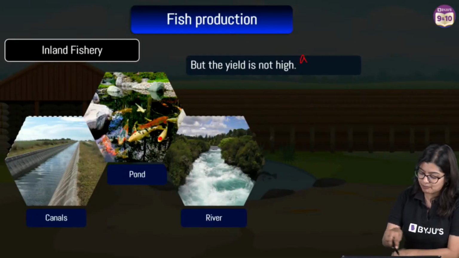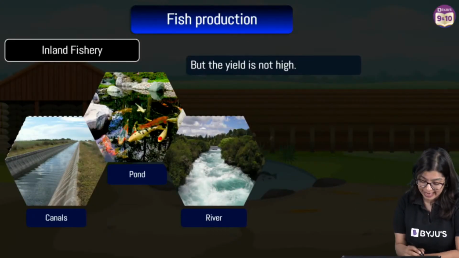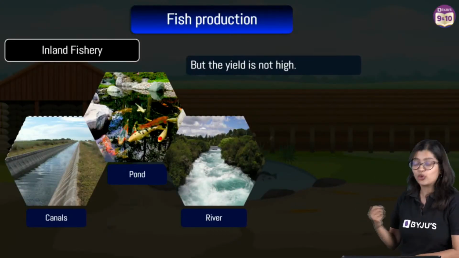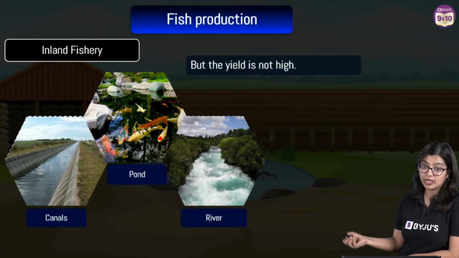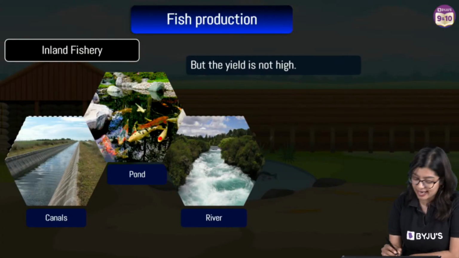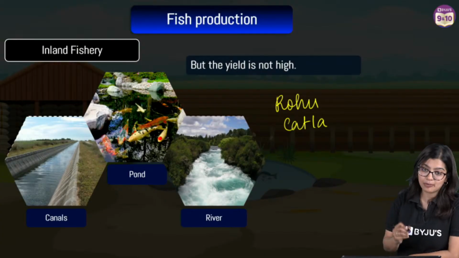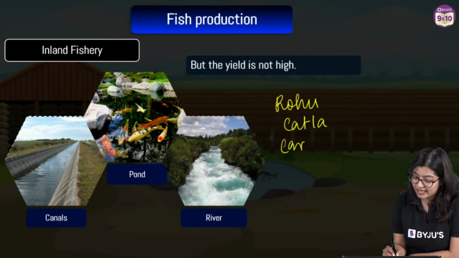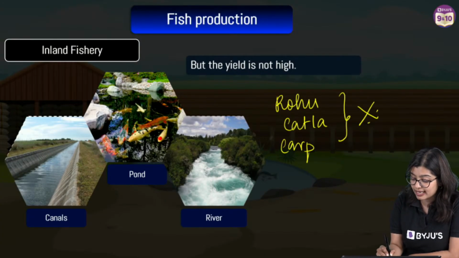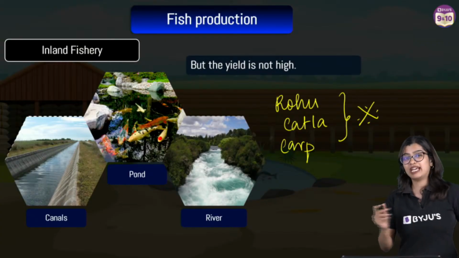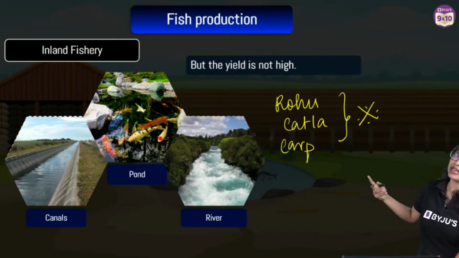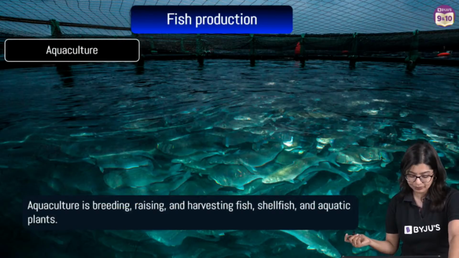Now, some examples of varieties that are reared in this manner include rohu, katla, carp. They are all examples, right? So we have rohu, katla, common carp, so on and so forth. Now I request that you remember these three examples because it's easy, because you will use these three examples further as well.